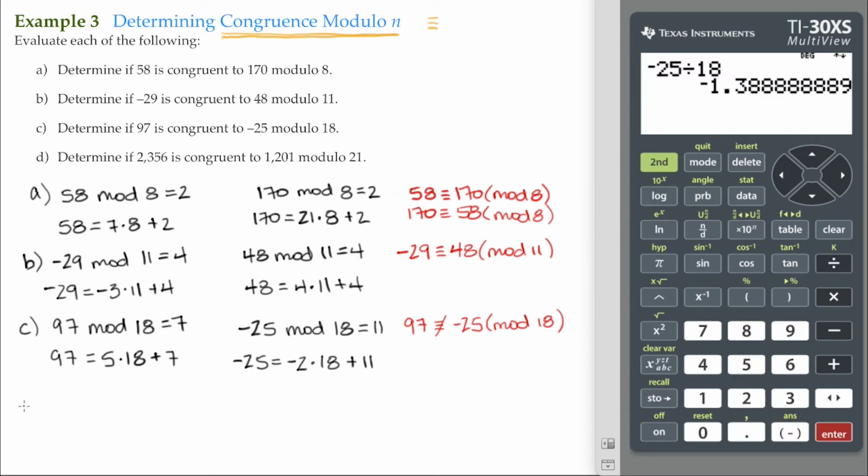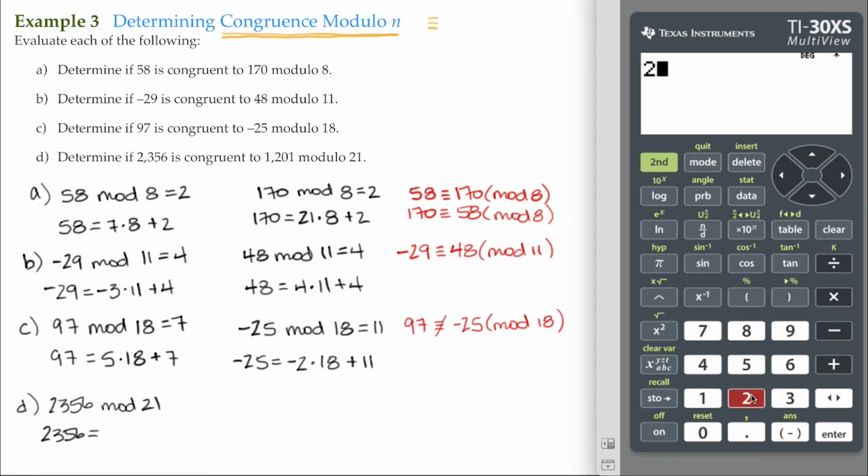And finally for D, determine if 2,356 is congruent to 1,201 modulo 21. 2,356 modulo 21, 2,356 is going to be equal to 2,356 divided by 21.